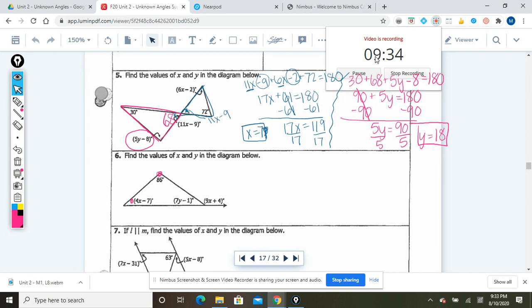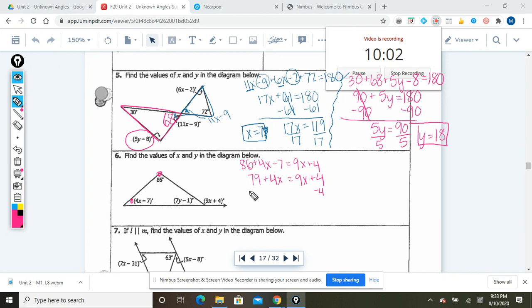Okay, so I lost my pen. Okay, there we go. I'm going to do 86 plus 4x minus 7, and it should equal 9x plus 4. That's that triangle exterior angle theorem. 86 minus 7 is going to give me 79 plus 4x should equal 9x plus 4.